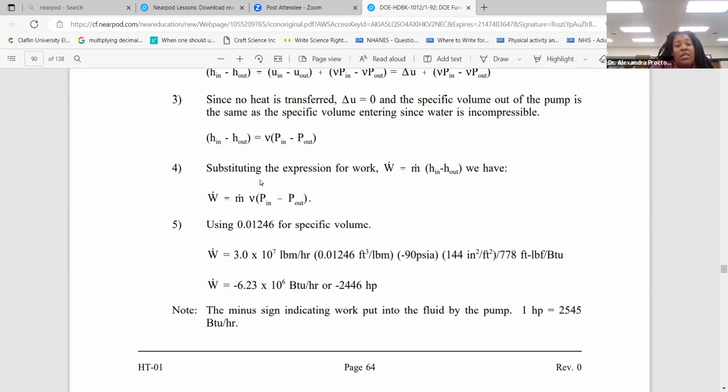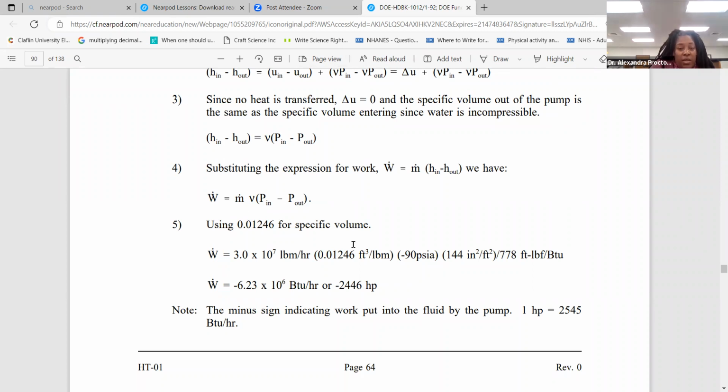So they went through all of these steps. It showed you what the conditions do to that first equation to get you to use this last equation right here on line 4. So if you were to see those conditions, it needs to signal to you to use this. This is what you need to use. If you go through all of these other steps, you're going to get confused because you're not going to know that based on the way the problem is written, they just want you to use this.